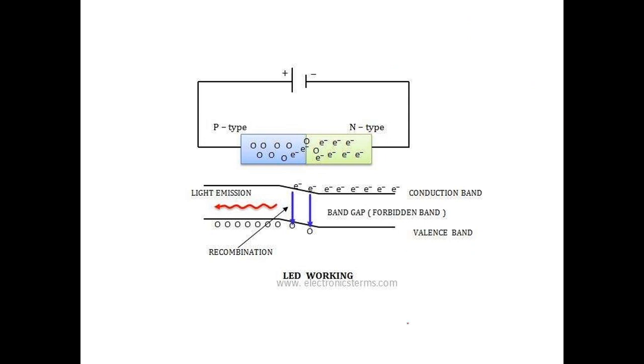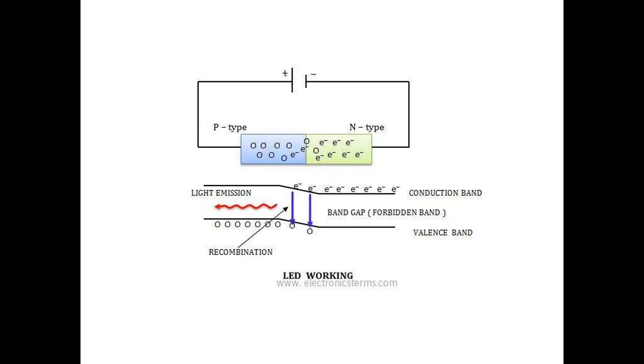Observe how it works in this case. This is a p-type material having more holes, and this is an n-type material having more electrons.